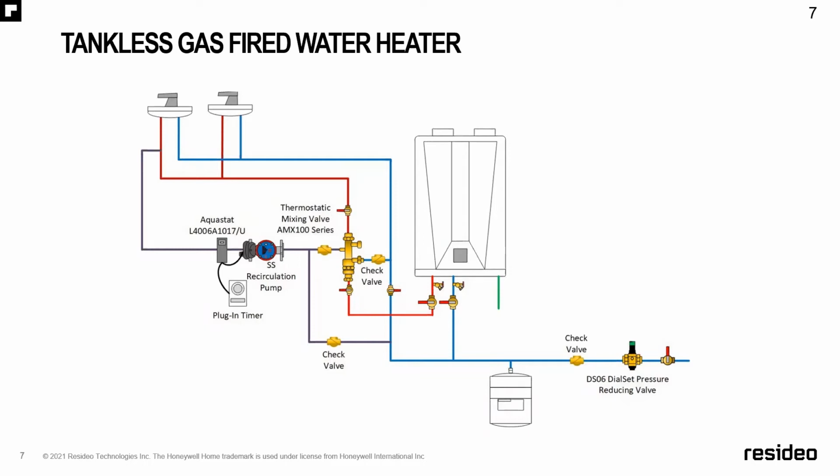The alternative is if you don't have a recirc system, you can get a situation that's an industry standard called a cold water sandwich, where let's say you or your wife get in the shower first thing in the morning, you take a nice hot shower, and then you get out, and then someone else goes and tries to hop in the shower, they turn it on and it's actually still hot.